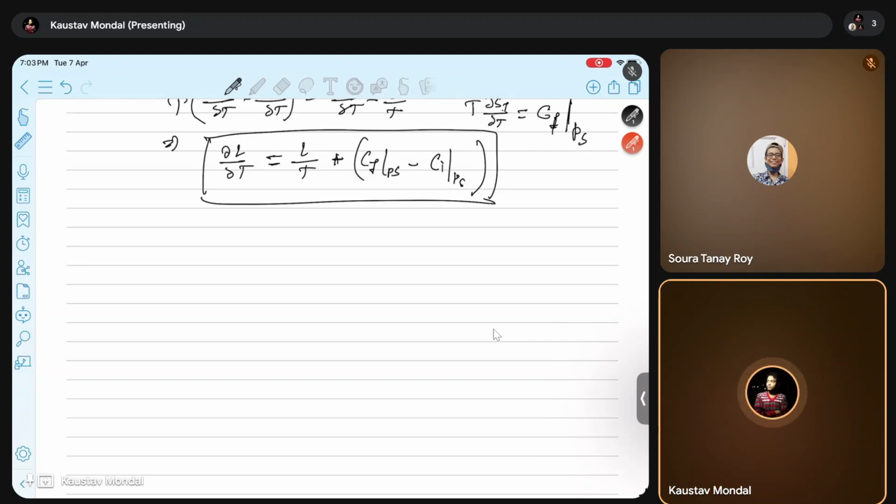Now instead of writing the specific heat at constant saturated pressure, you can also write it in a more familiar way, at constant normal pressure. In that case this expression will be modified a bit.